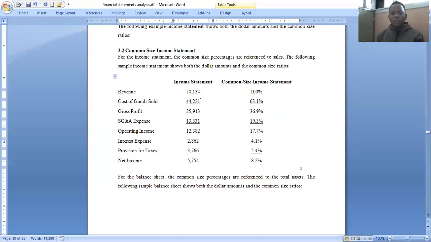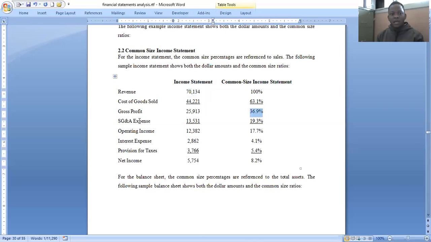If you do 44 divided by 70, you get 63.1%. For gross profit, the common size ratio is 36.9%, which is equal to 25,913 divided by 70,134. It will give us 36.9.